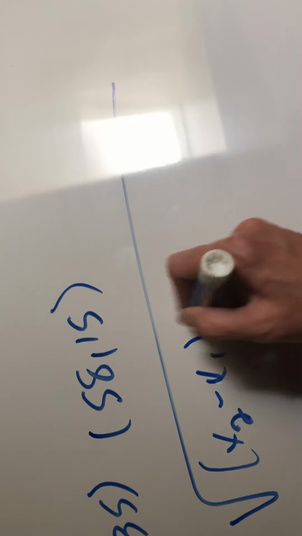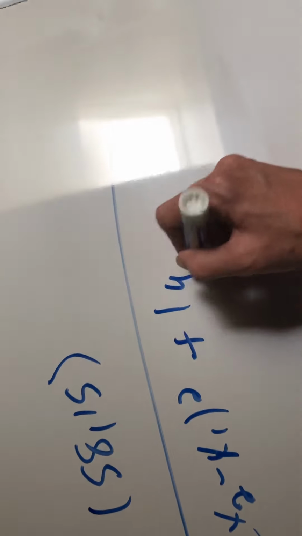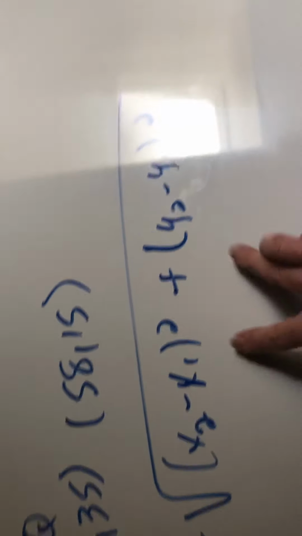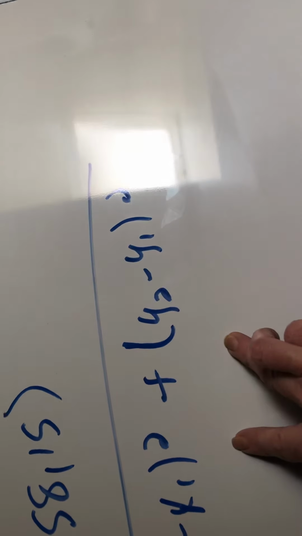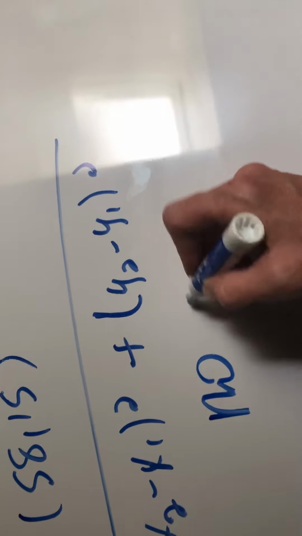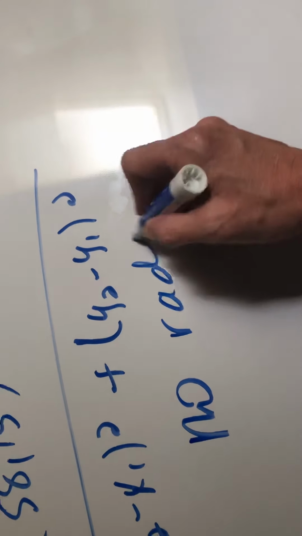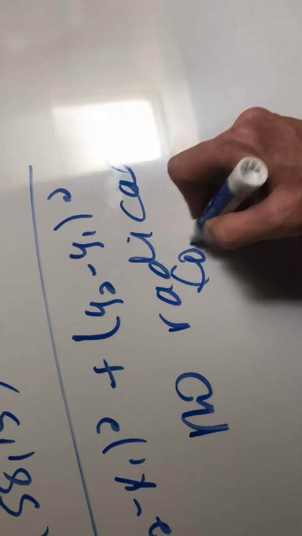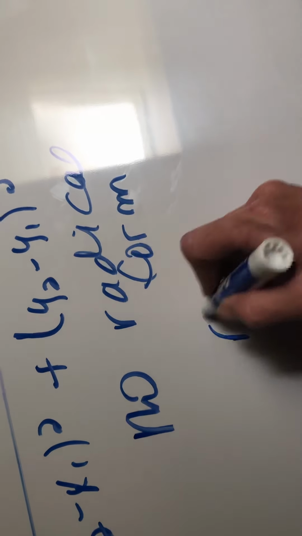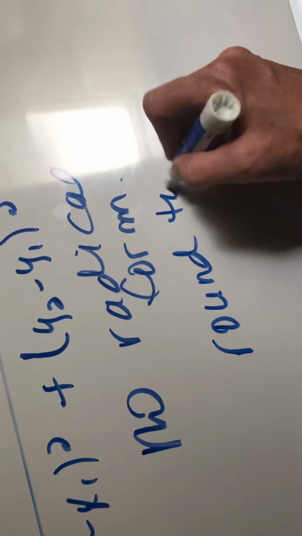X2 minus X1 all squared plus Y2 minus Y1 all squared. Find that distance, and just calculate it. No simplified radical form on here. Only round it to the nearest yard.